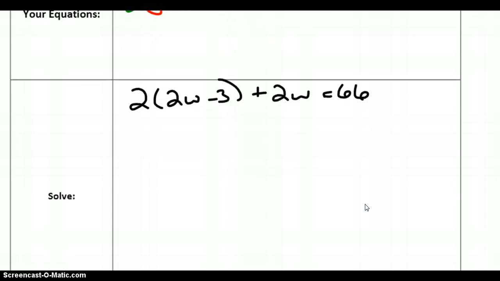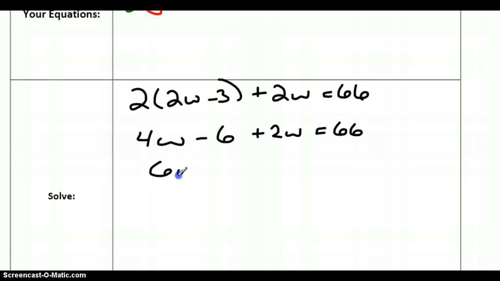Let's solve this. The distributive property says I get 4W minus 6 plus 2W equals 66. Combine the W's, that's 6W minus 6 equals 66.